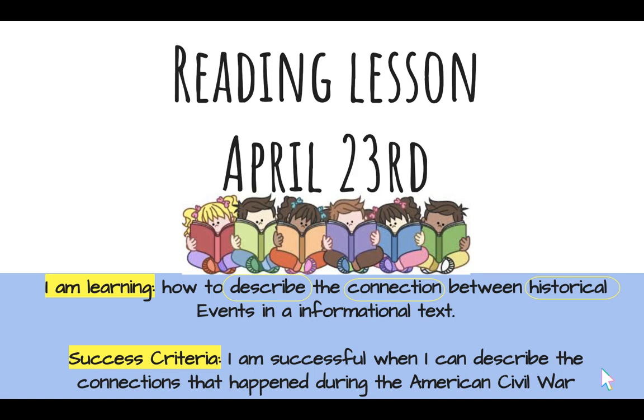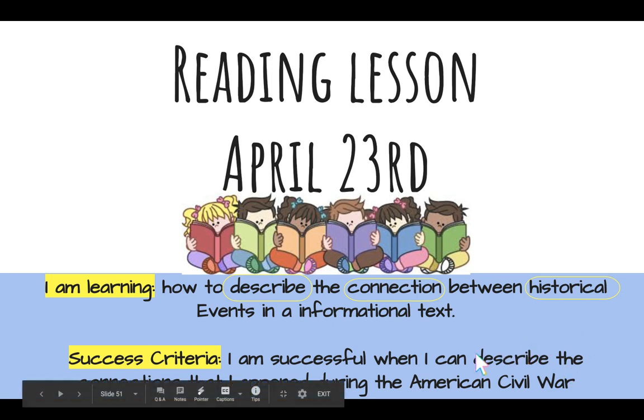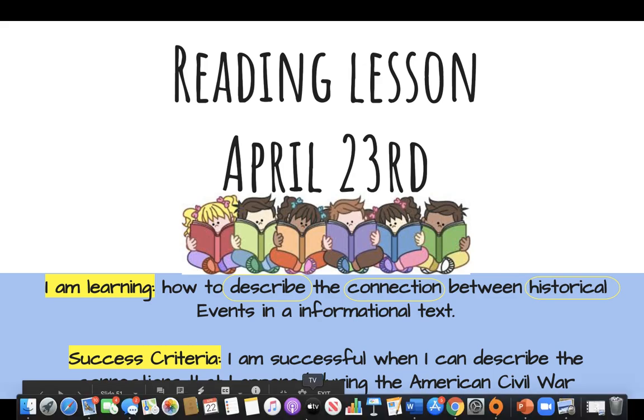I am successful when I can describe the connections that happened during the American Civil War. Notice how those words pop up again, friends. We are going to be describing things, we are also going to be making connections, and it looks like our main topic is going to be about the American Civil War.